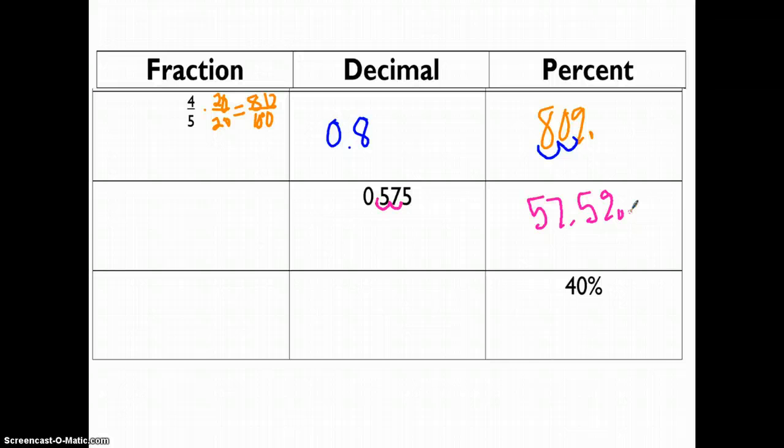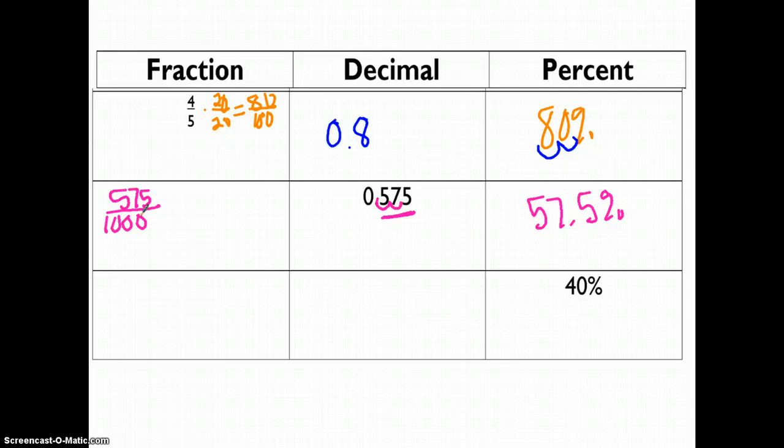And this is the one where the numerator is what's to the right of the decimal point, which is 575. In my denominator, I count how many places there are to the right of my decimal, which is 1, 2, 3. So I have a 1 followed by 3 zeros. And then I need to simplify that.